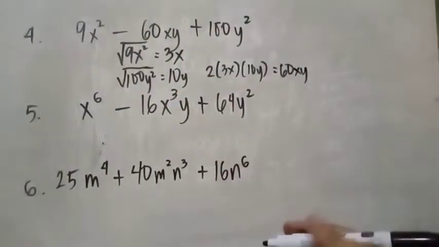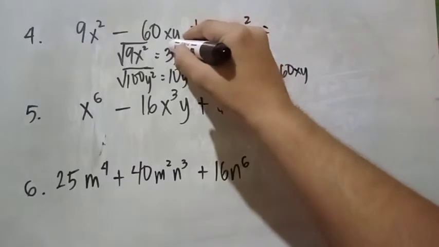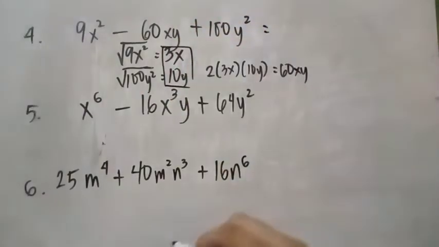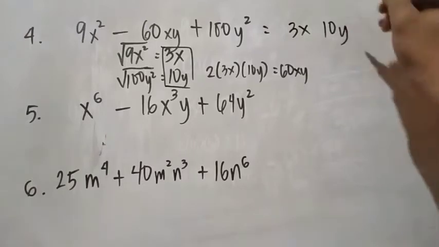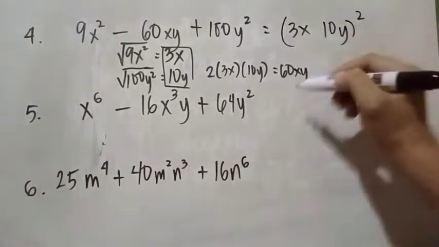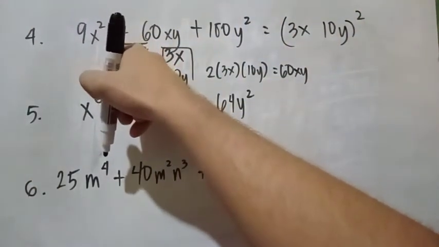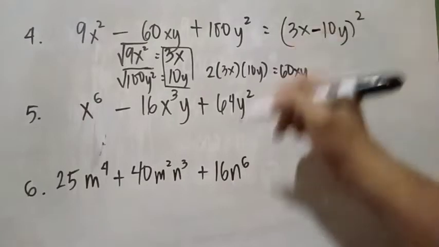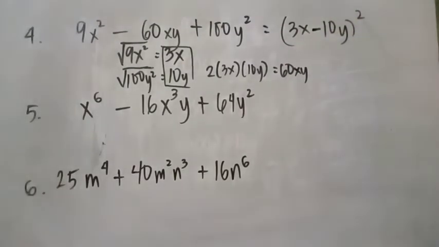Okay? So, kukunin natin yung factors nun. So, kukunin natin yung dalawang terms. We have 3x at saka 10y. So, 3x and then 10y. And then, erase natin sa 2. Tapos, yung sign nun is sign ng middle term, which is negative. So, ayan na. We have 3x minus 10y quantity squared.